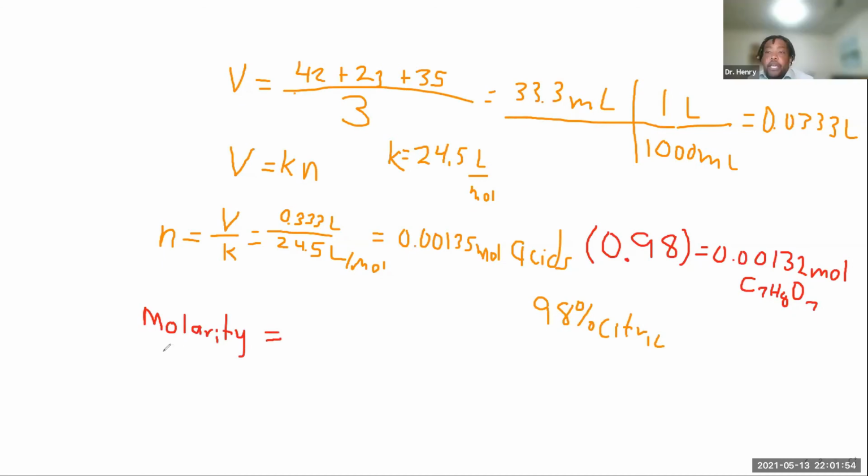Okay, so molarity, in this specific case, is going to equal the moles over liters of solution. The moles of citric acid over liters of solution.